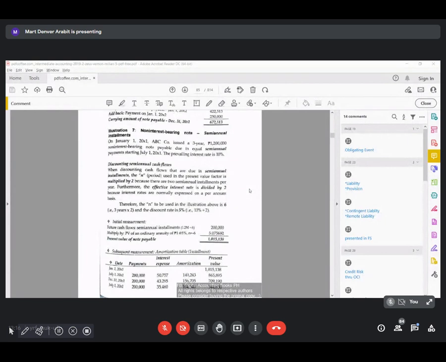Tama ba? Sir, paulit nga po ulit. Okay. So, 10% times 1.2, for example, interest-bearing note siya. 10% is stated rate multiplied by 1.2 M. Magkano yung interest payable niya?